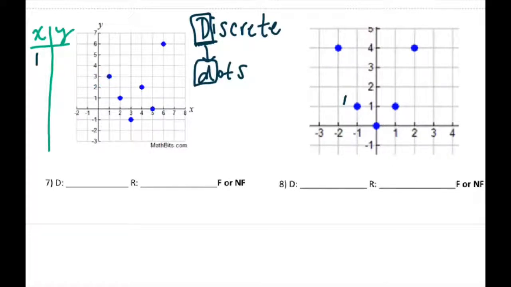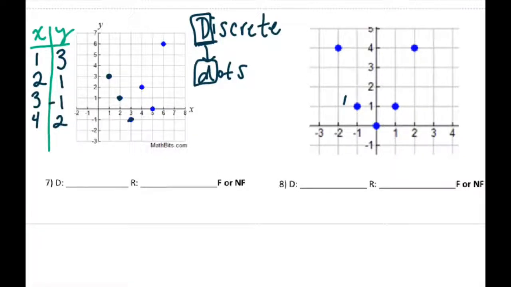So that's the ordered pair 1, 3. First one is done. Next, this ordered pair has an x value of 2 and a y value of 1. So that's the ordered pair 2, 1. Done. Next one has an x value of 3, a y value of -1. Done. Next, write 4, up 2.